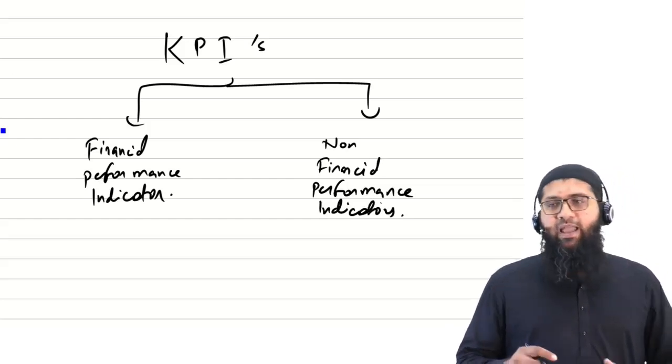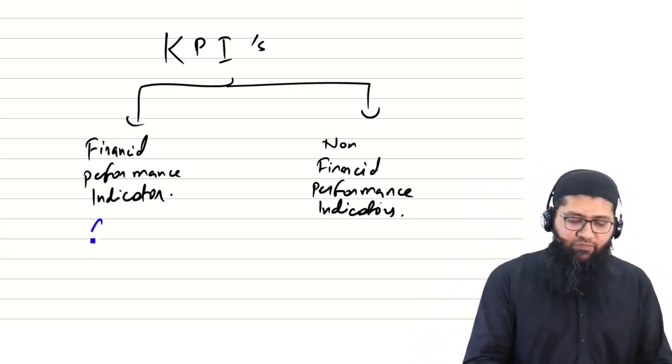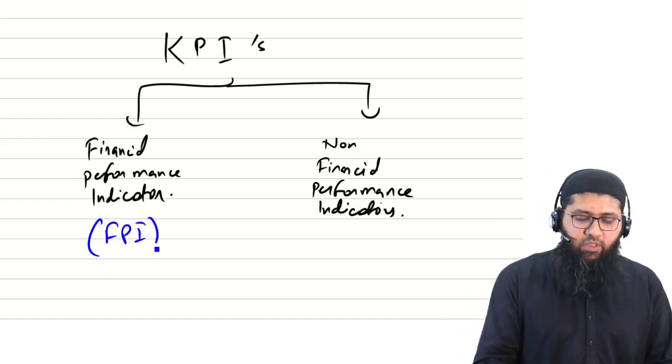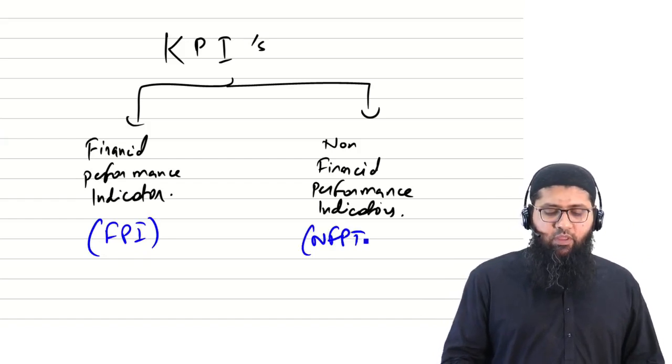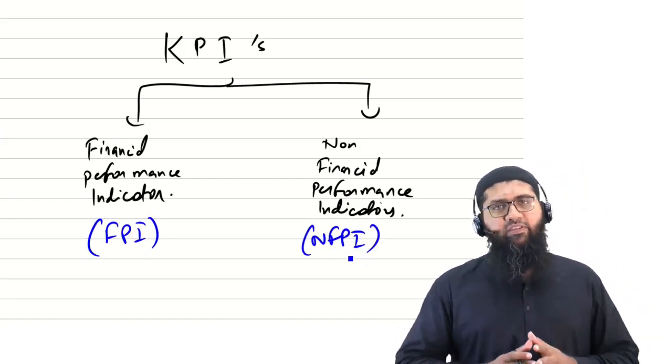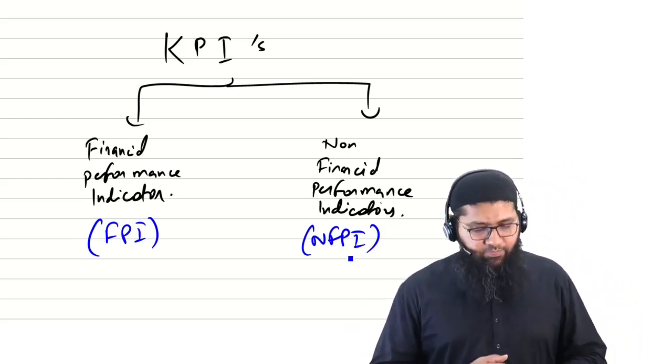So there could be two types of KPIs. These could be the two different types of KPIs that could possibly exist.